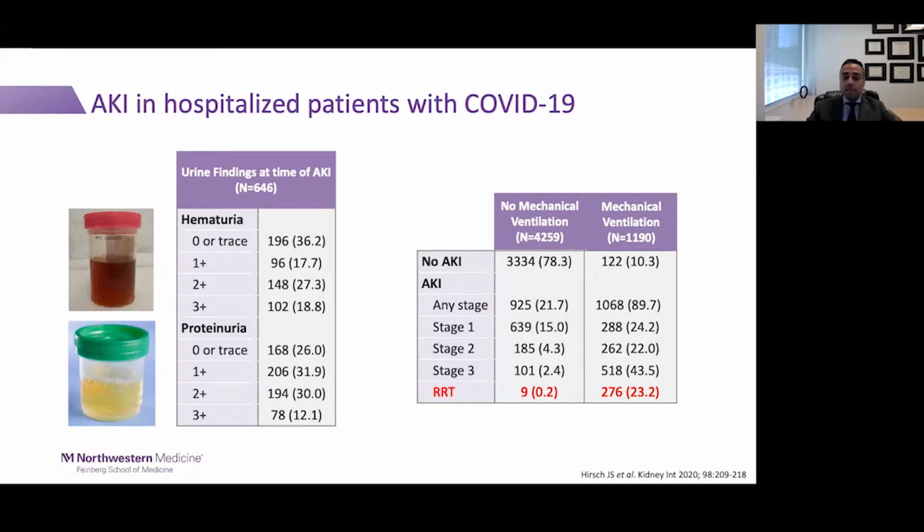And on the right, I show a table here that shows that in AKI of its severest form, those that need dialysis, highlighted in red, individuals that were mechanically ventilated, so critically ill individuals, they actually had a 23% prevalence of the need for dialysis. When you compare that to individuals who were not mechanically ventilated, that was almost 100 times greater prevalence for the need for dialysis. Next slide.